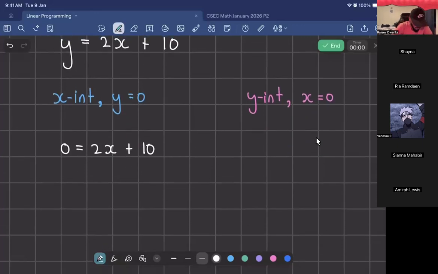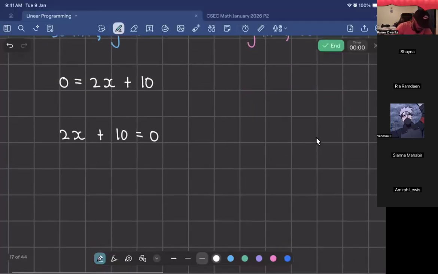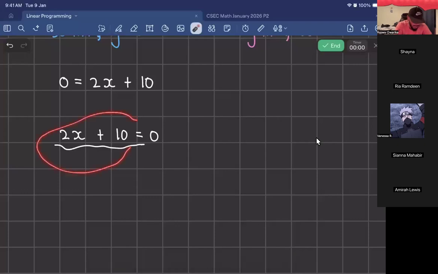We could flip it. If I flip it, it looks like 2x plus 10 equals 0. So we want to make x the subject. x should be the only thing on the left-hand side.